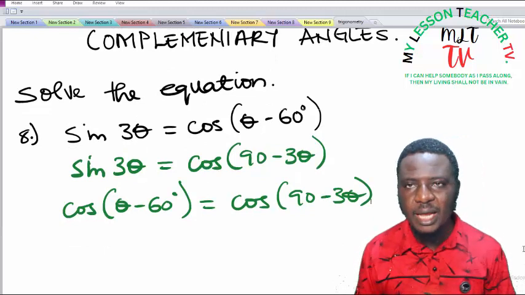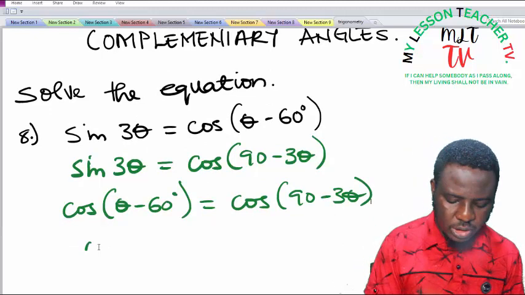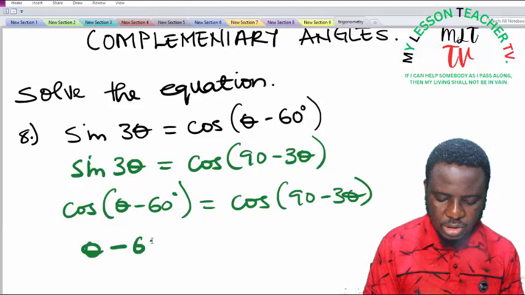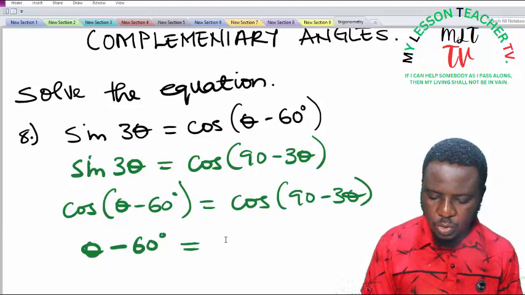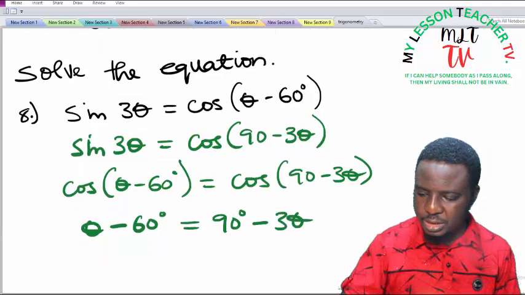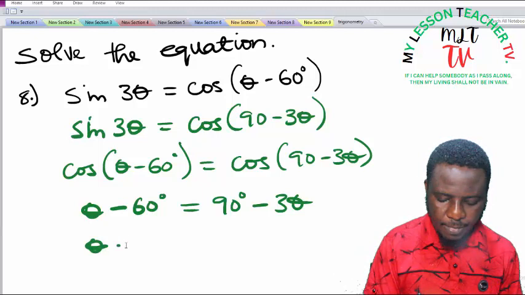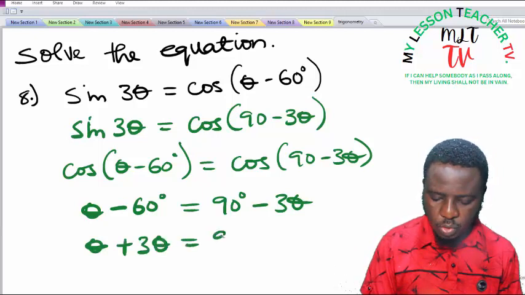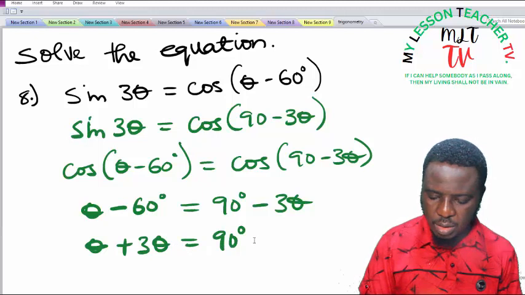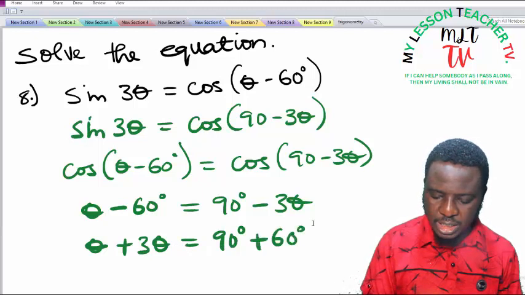We then compare the angles. That is to say that theta minus 60 degrees is equal to 90 degrees minus 3 theta. When you collect like terms, this becomes theta plus 3 theta is equal to 90 degrees plus 60 degrees.